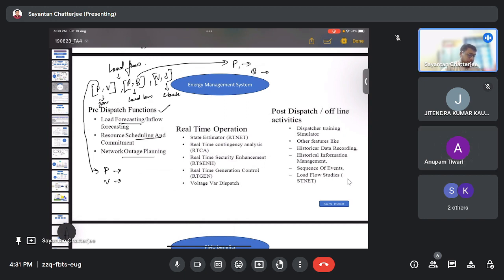Yes, but there is some forecasting, and all these things are previously performed to obtain these P and V values which are taken. These PV and PQ values are considered for the load flow analysis.